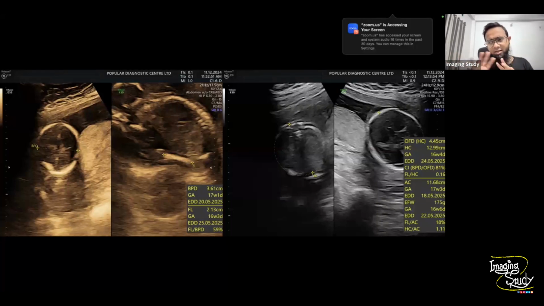And if I find the features are quite normal, we try to rescan the patient at 21 to 24 weeks. This is the preferable time for my practice, because at 22 to 24 weeks, I find that the cardiac abnormalities are quite easy to differentiate, but it is usually missed at 18 weeks.